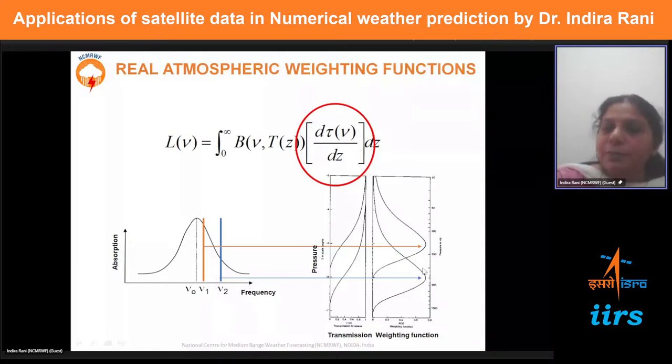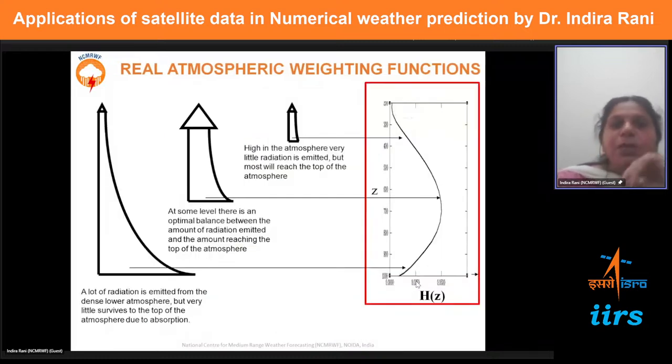So the maximum contribution is from this particular region of the atmosphere. And for the frequency nu 1, it is peaking at a different level. So when we select a different frequency, we get the maximum information from different layers of the atmosphere. So what is the weighting function?